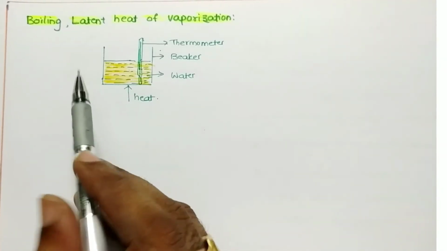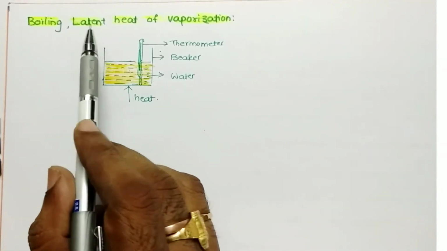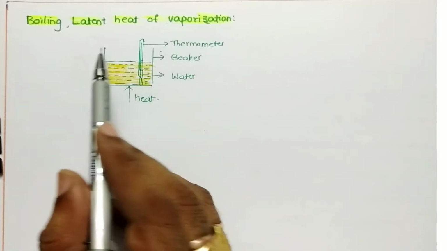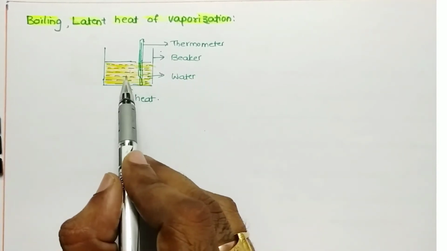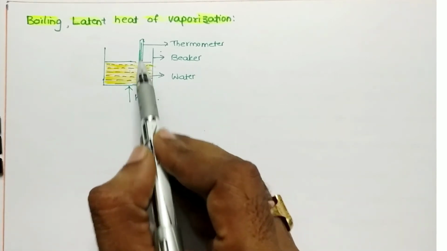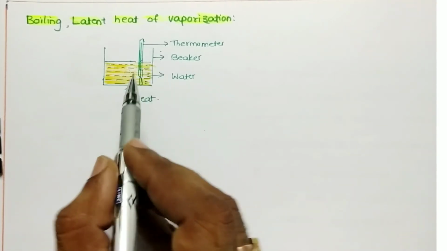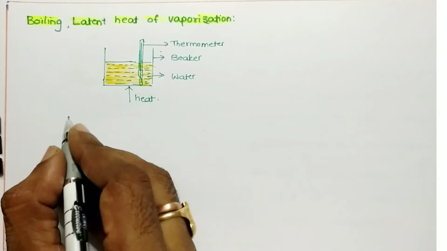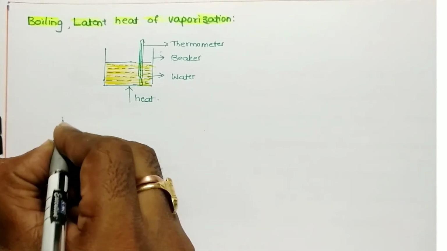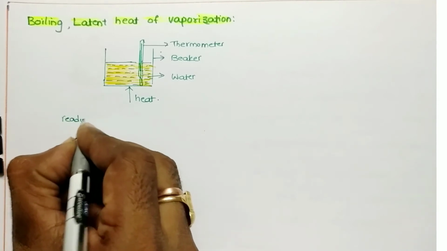Now let's come to another topic, that is boiling and latent heat of vaporization. For this you have to take one beaker and add some water to it, insert one thermometer into the water and heat the beaker using the burner. Observe the reading of the thermometer for every 2 minutes.